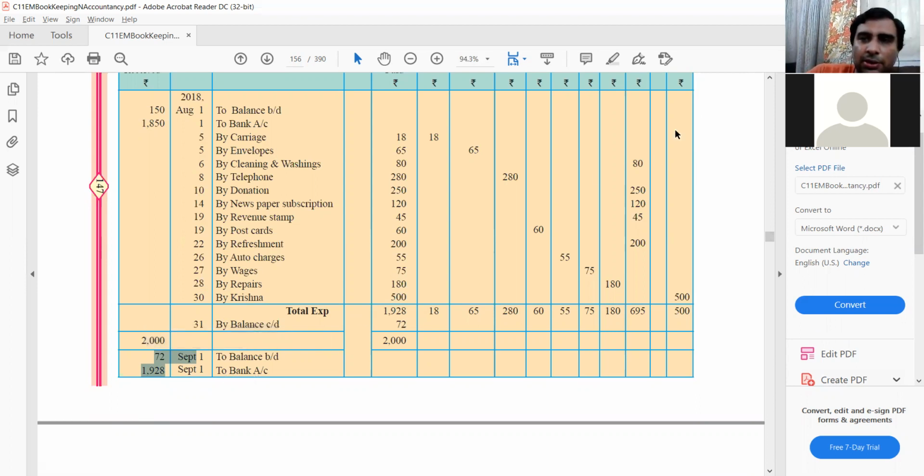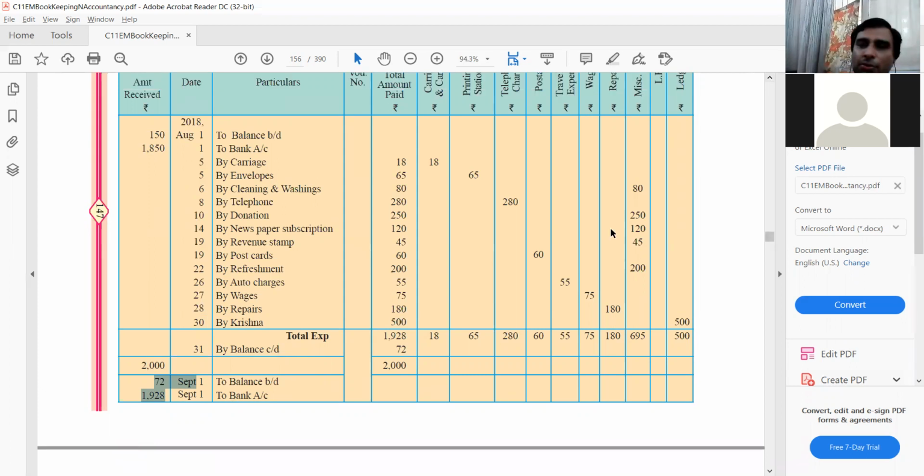So this is called an imprest system of cash. What does the imprest system of cash do? It says that on the first of the month, the petty cash should have X amount of money. In this example, it is 2,000 rupees. The business has decided that normally 2,000 rupees is enough for running an entire month of day-to-day expenses.